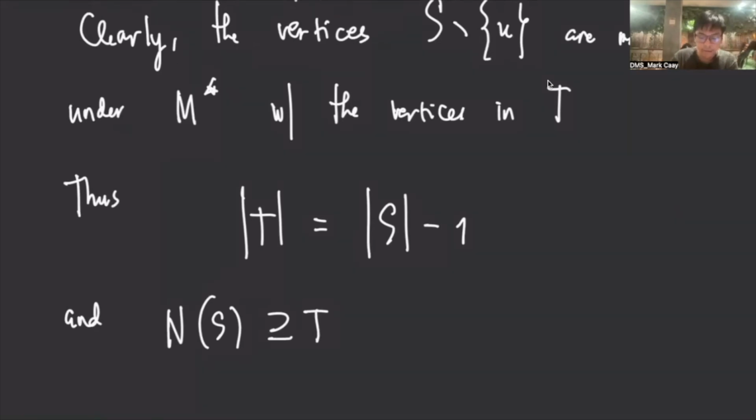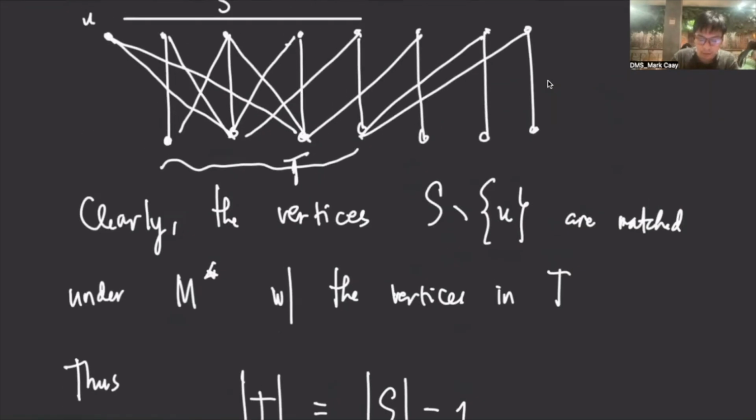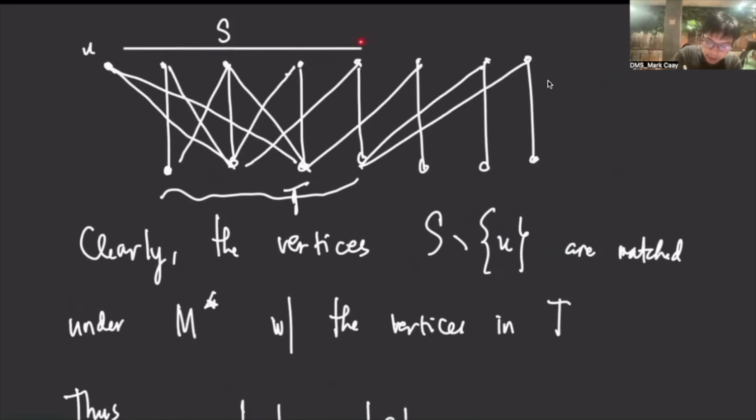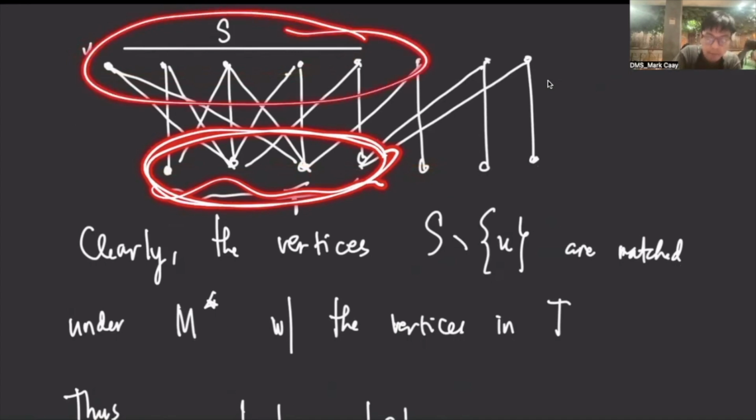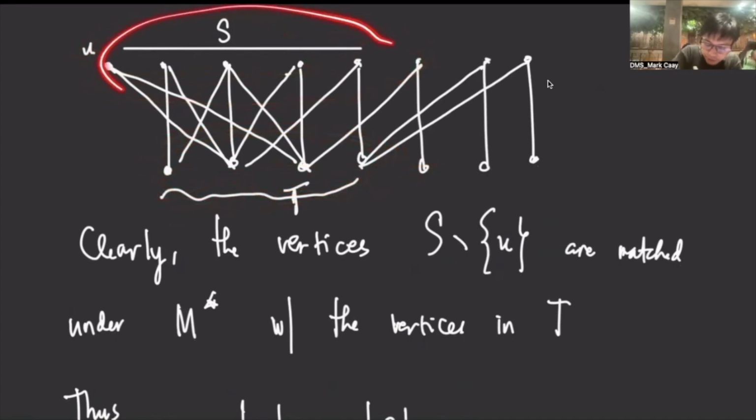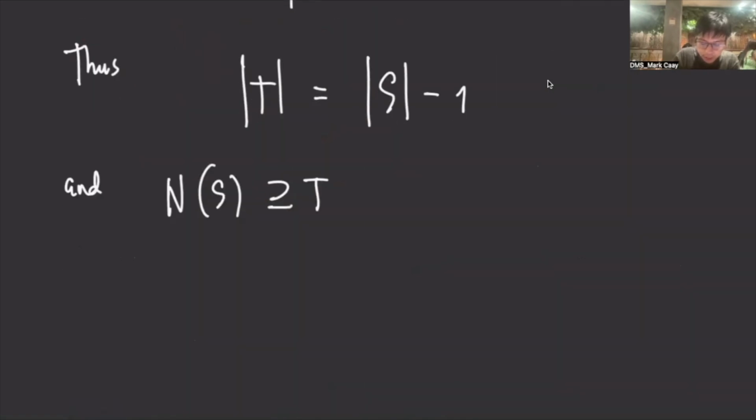Tama? Kasi kung tingnan mo, this is the S. So lahat ng mga neighbors niya, ito, di ba? Saan ba? Ito. So this one is actually a subset of this one. Tama? I mean, of the neighbors of this. So basically, ito siya.